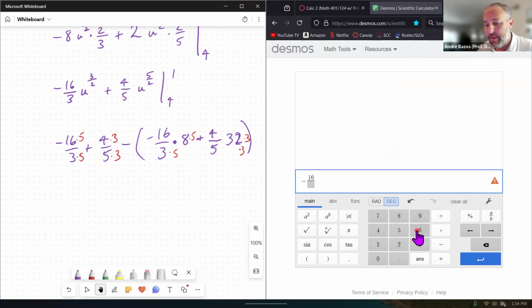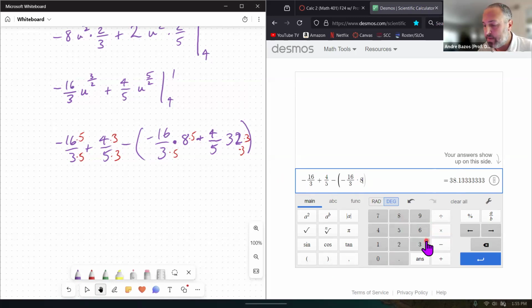Let's just put this stuff in there without actually doing it because it is just a lot. Plus 4 divided by 5. So I'm not putting the other stuff in there. I'm just kind of doing it and seeing what Desmos does for me. Minus parentheses negative 16 divided by 3 times 8.